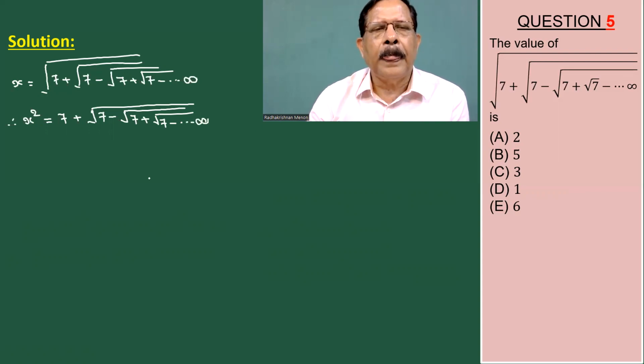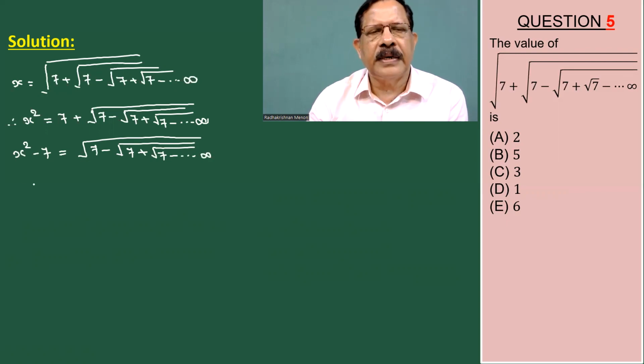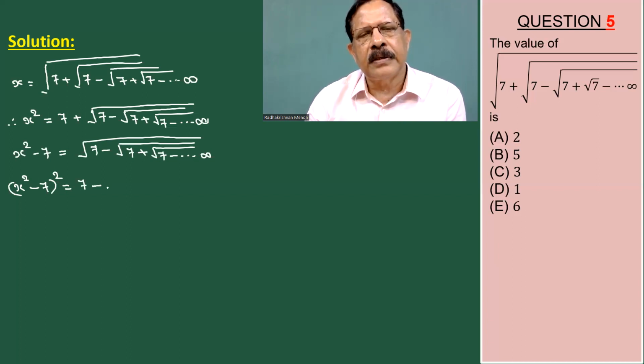Up to infinity. Now we take 7 from RHS to LHS. X squared minus 7 is equal to root of 7 minus root of 7 plus root of 7 minus, etc. up to infinity. Again you square it. X squared minus 7 the whole square is equal to 7 minus square root of 7 plus square root of 7 minus, etc. up to infinity.